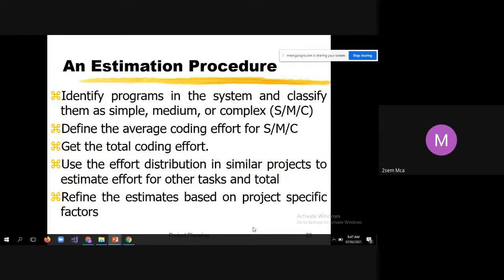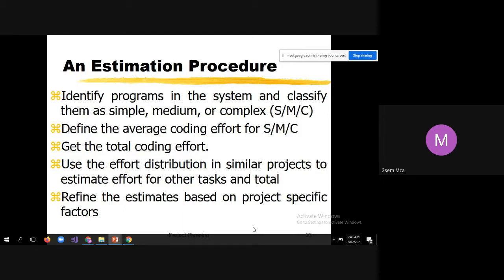Whatever programs you may have to write, categorize them as simple, medium, and complex. Then you calculate the effort based upon the experience gained from previous projects. That is very, very important.